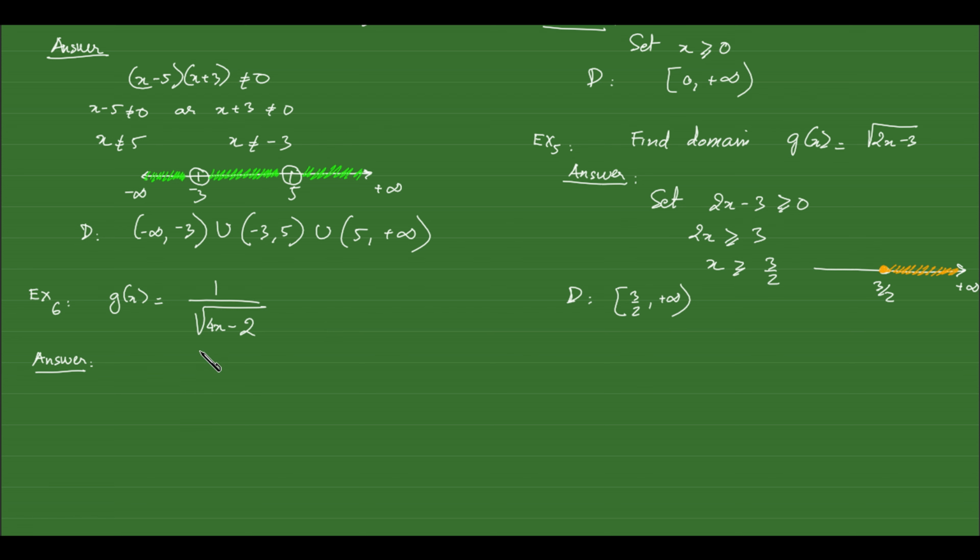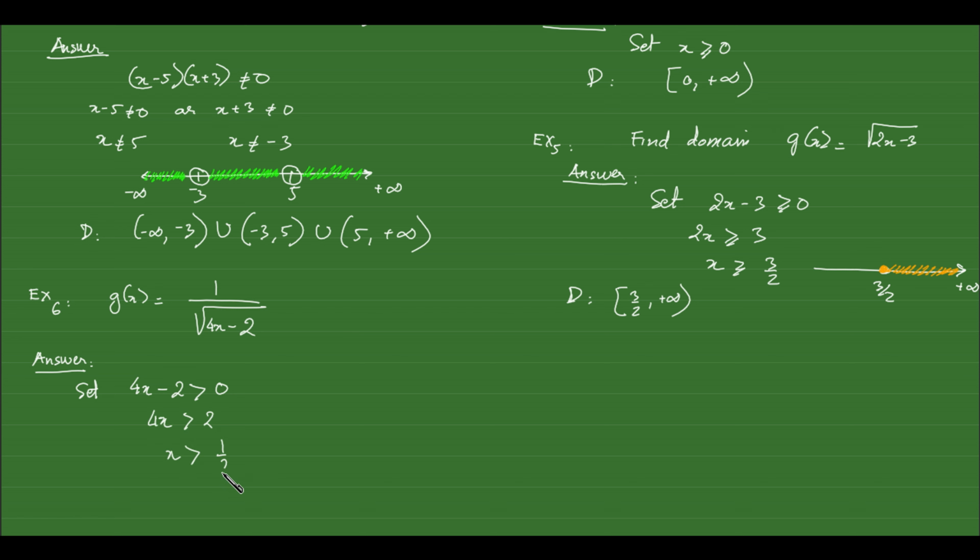Instead of greater than or equal to 0, you just need to set greater than 0. So you see the difference? This has no equal because the radical is under the denominator. If you see the radical under the denominator, you just put it greater than 0, no equal. Then you solve for that.